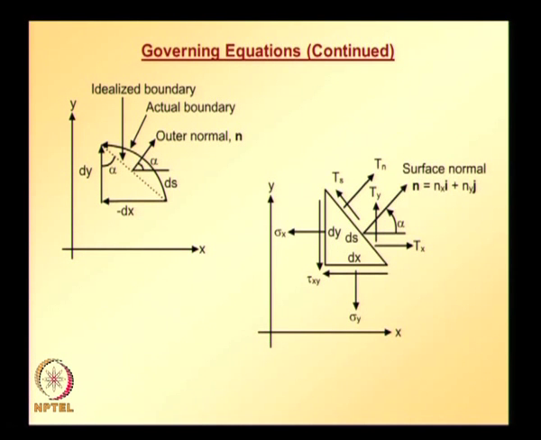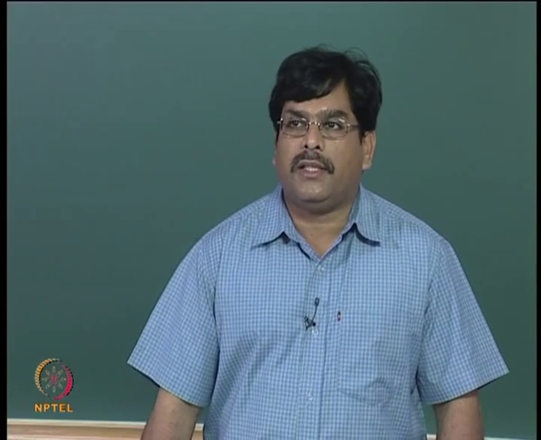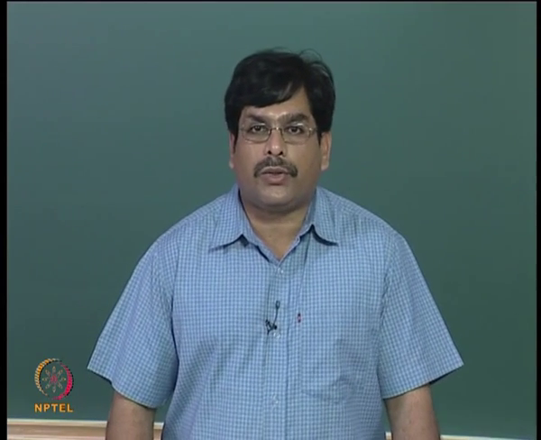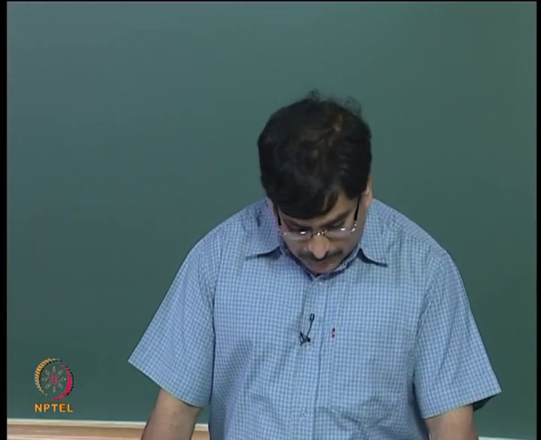The first one, expressing T x, T y in terms of T n, T s, can be obtained using coordinate transformation by calculating the components of the normal in the x and y directions, whereas the relationship between T x, T y and the stress components is obtained by writing equilibrium equations of the element shown in the second figure.